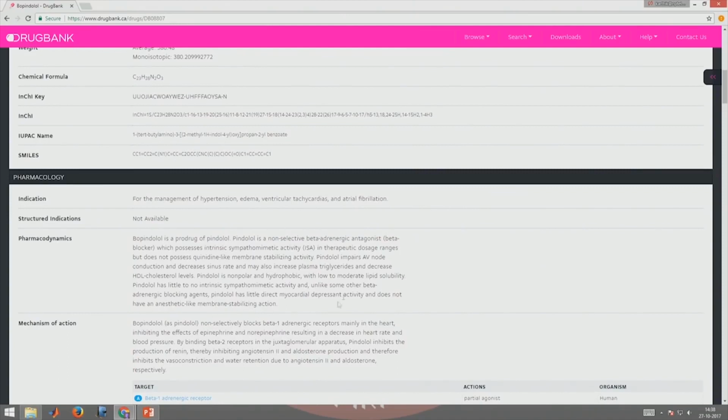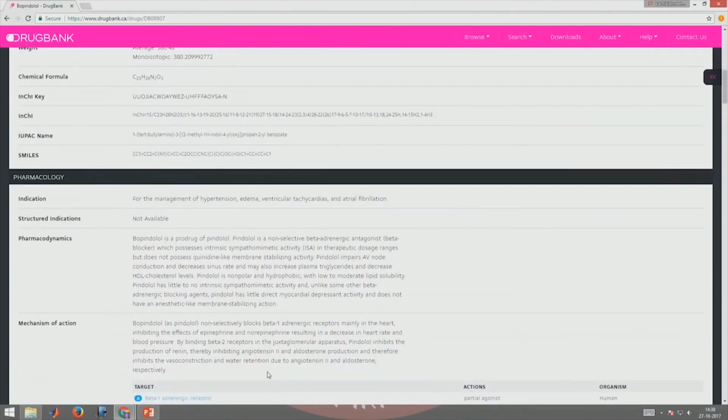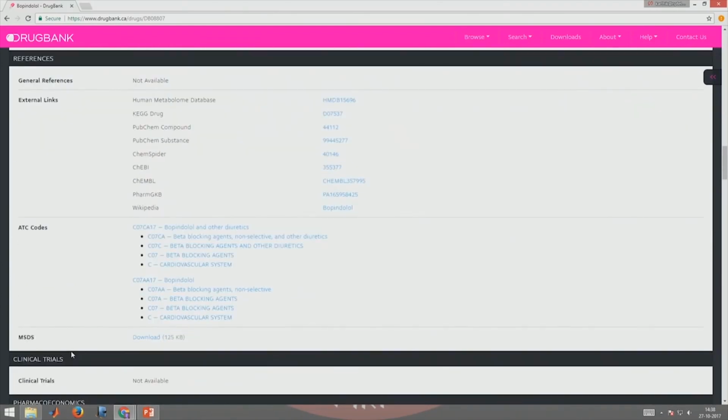What is the pharmacodynamics, and how it acts, how does it bind, and so on. So, a lot of information, of course details about drug interaction, how it is interacting with other drugs, because nowadays doctors may prescribe 2-3 drugs. So, how do they interact with other drugs, and so on.